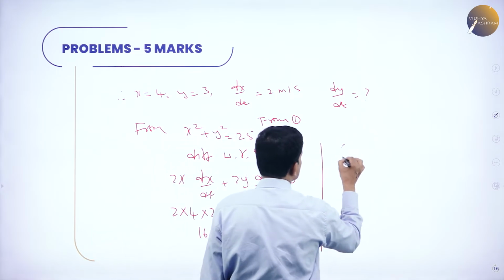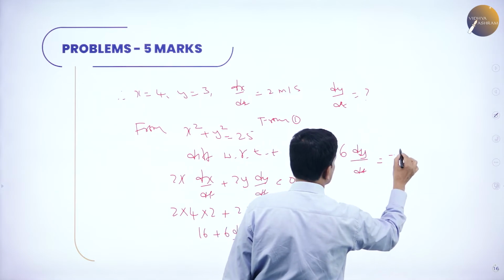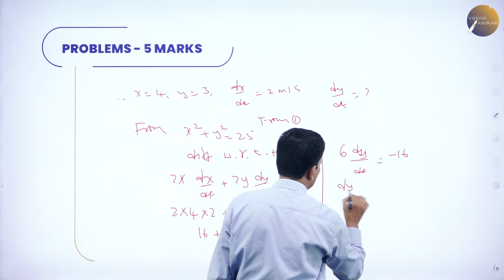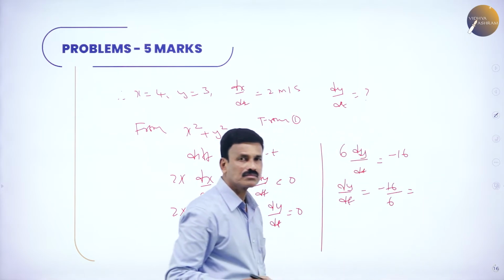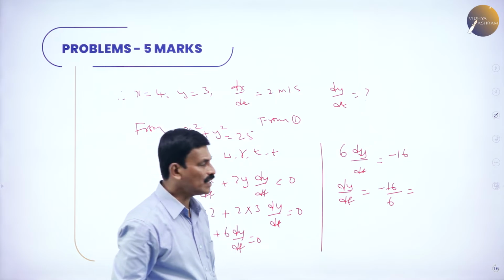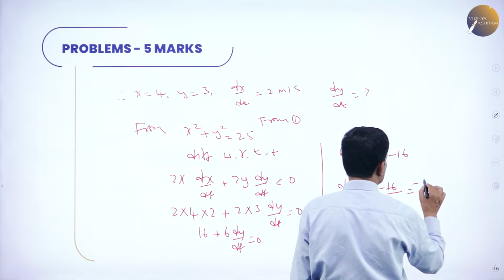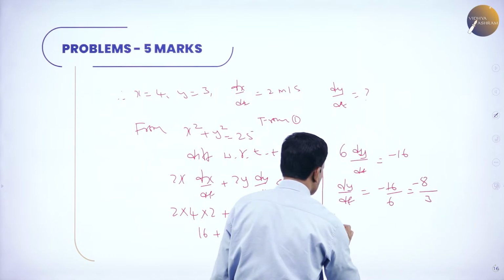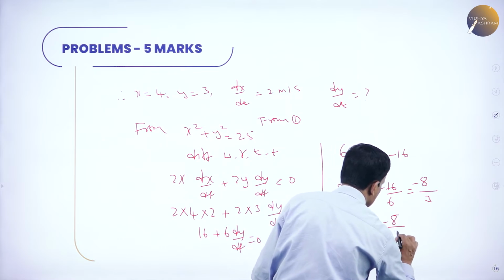So therefore 6 times dy by dt is equal to minus 16. dy by dt is equal to minus 16 by 6. Just divide by 2. So 2 threes are 6, and 2 eights are 16. Therefore dy by dt is equal to minus 8 by 3.